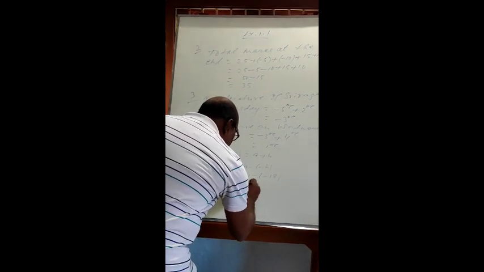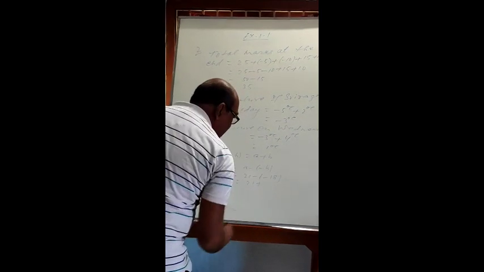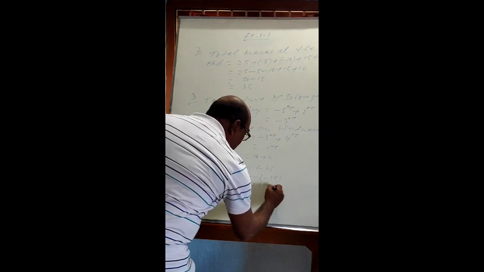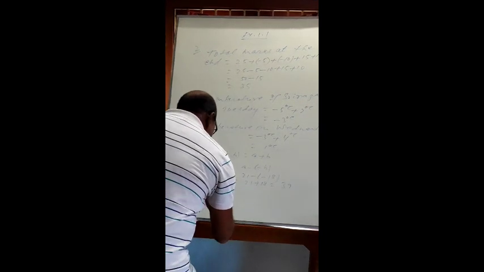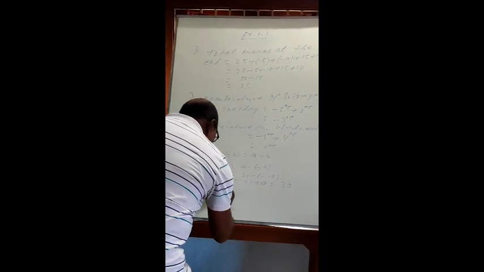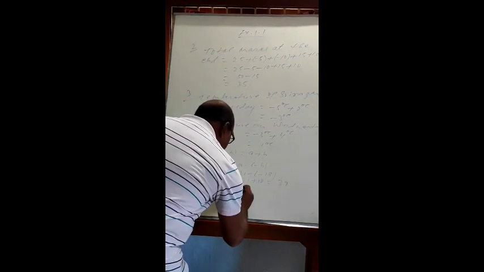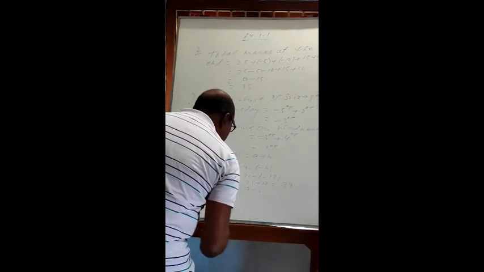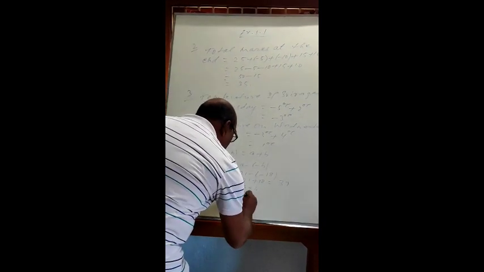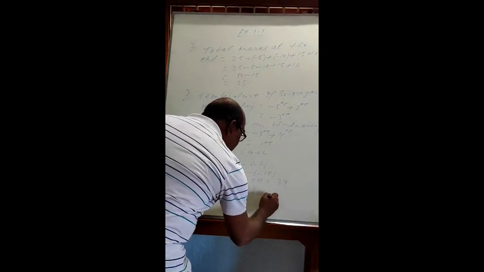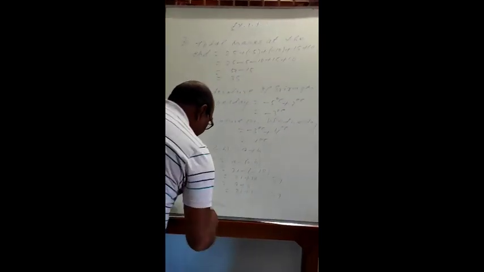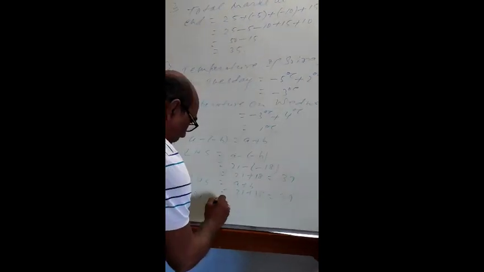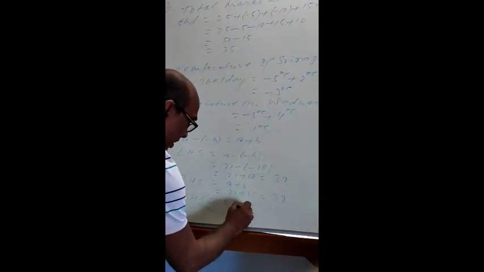Now 21 minus into minus plus 18, this equals 39, and RHS is equal to a plus b. A plus b means 21 plus 18. This is also equal to 39, and LHS equals RHS. Verified.